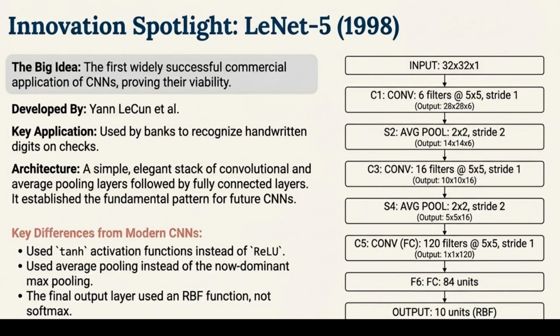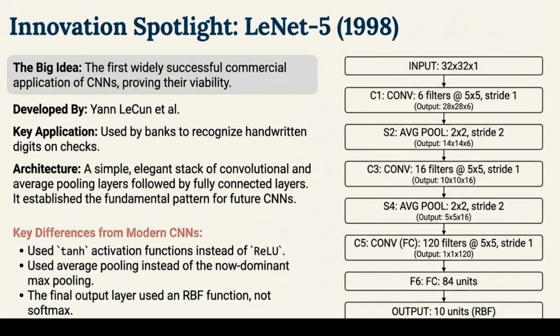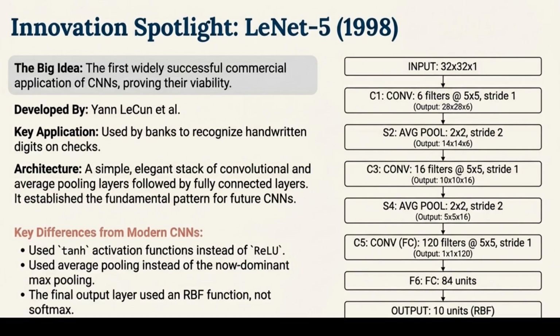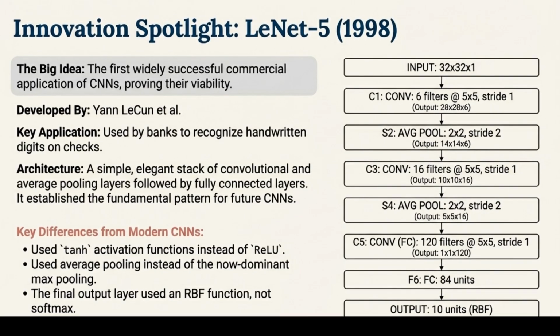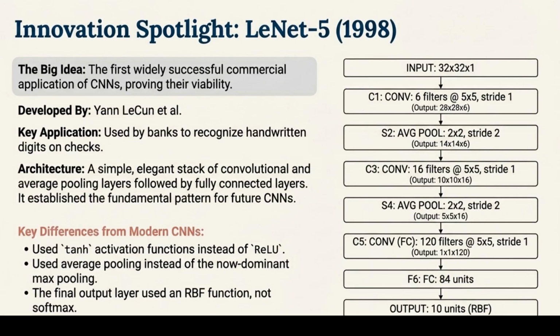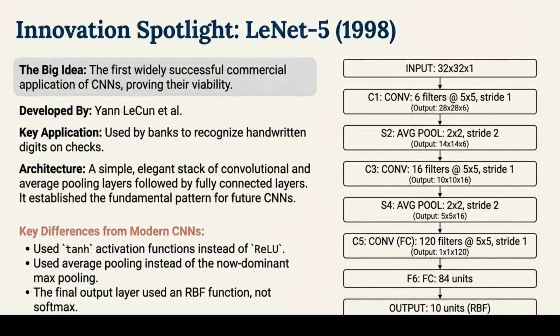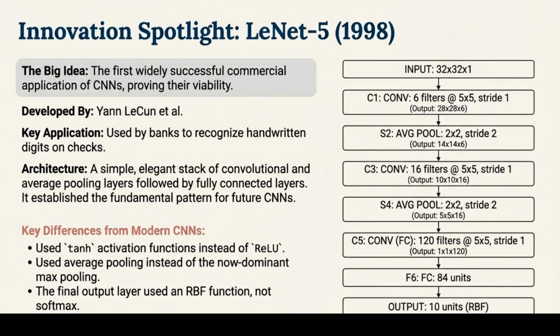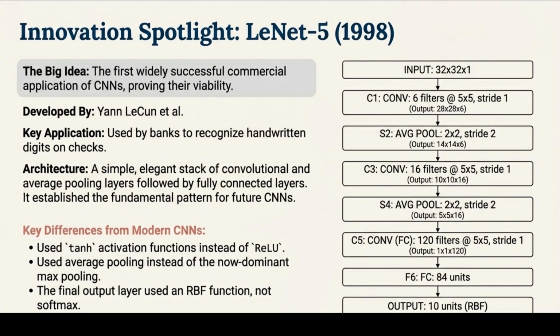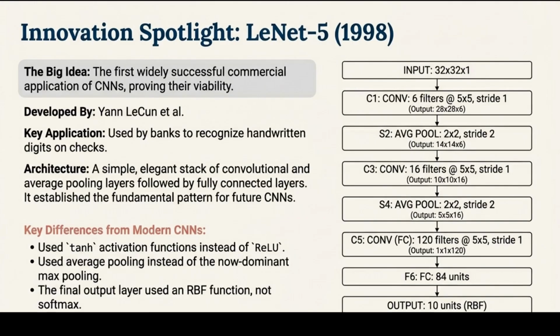Finally, the output layer used an RBF, radial basis function, instead of the softmax function used today for probability distributions. Despite these differences, LeNet 5 provided the essential blueprint, but it took the availability of powerful GPUs and large datasets over a decade later for the deep learning revolution to truly ignite.